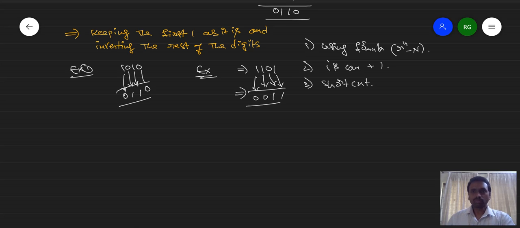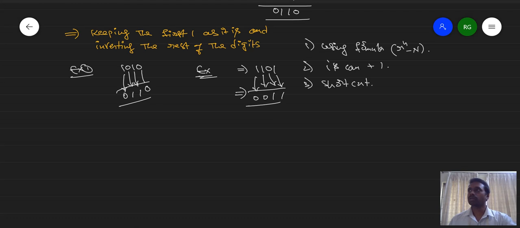Similarly, there are three alternatives to find the tens complement as well. You can find the tens complement by using the formula, or by finding the nines complement and adding a 1 to it, or by using the shortcut, that is subtracting the first non-zero digit from 10 and the rest of the digits from 9.